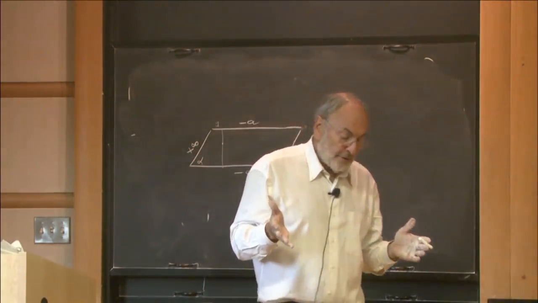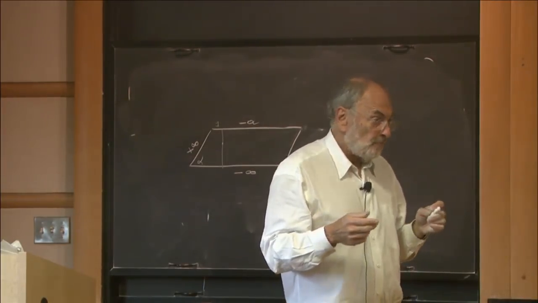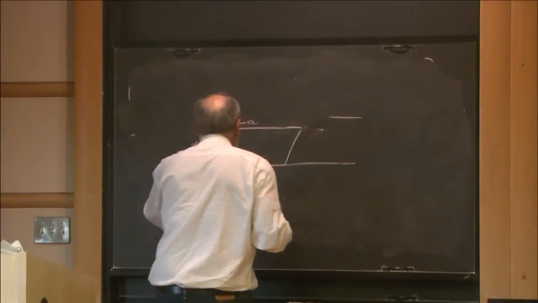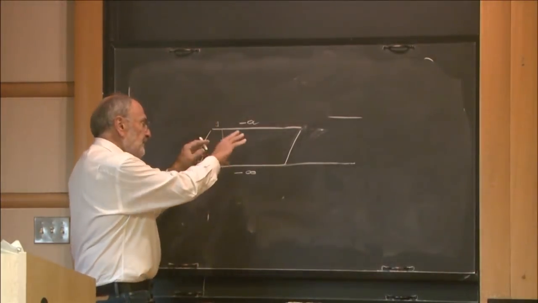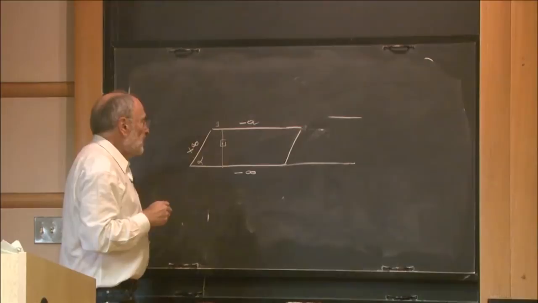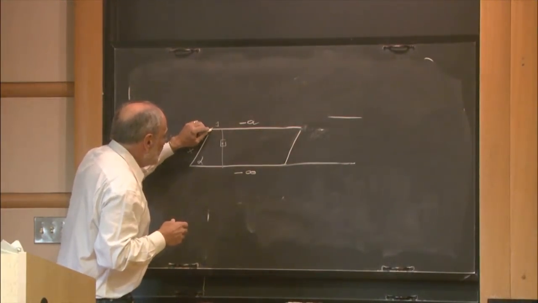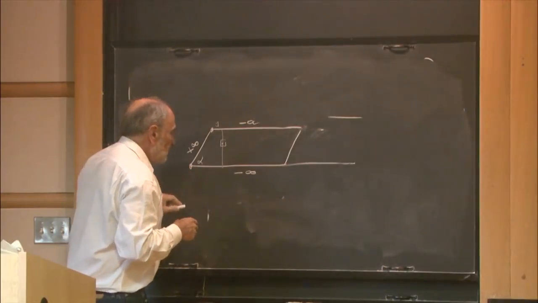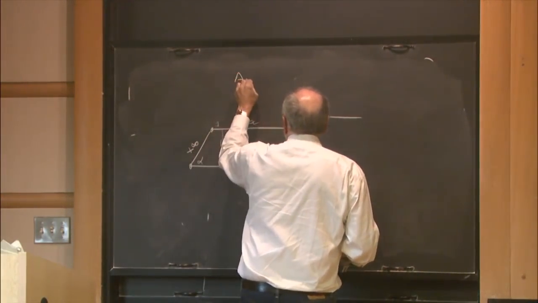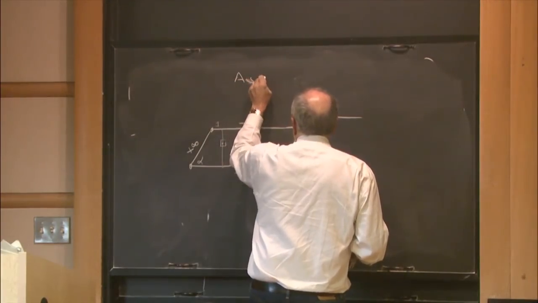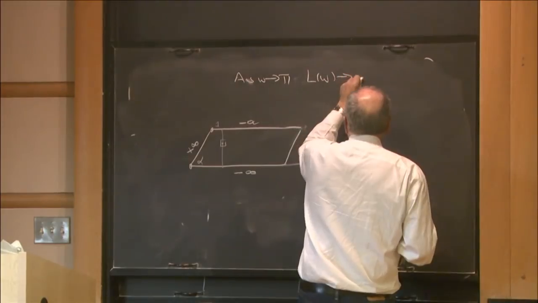Otherwise, you get a contradiction. You get something that's not the Grim Reaper. That's all you can see. And you get something with non-vertical slope here. So you do get something that has the same width. You don't have to worry about that because these lines will be here. So what you see is that as W goes to pi, L of W goes to infinity.